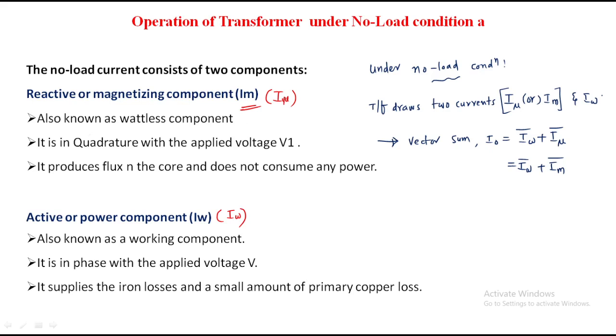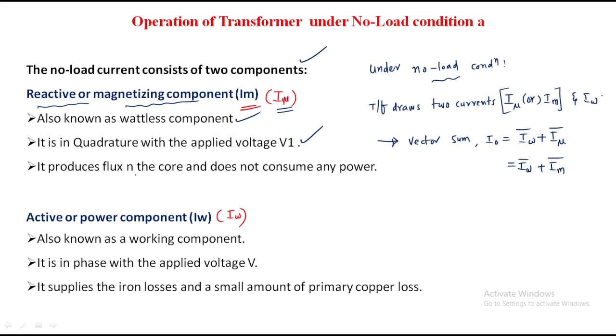So the no load current consists of two components. The first one is the reactive or magnetizing component of current. This reactive component of current is responsible to create the flux, also known as wattless component. It is in quadrature with the applied voltage. We will discuss in detail how it is in quadrature with the applied voltage.